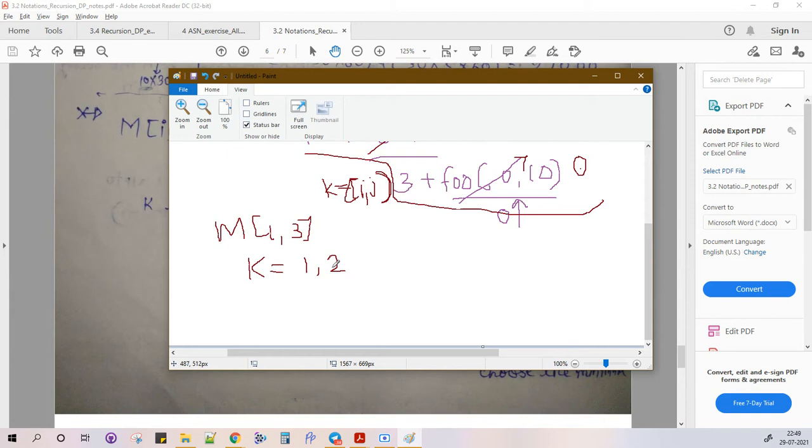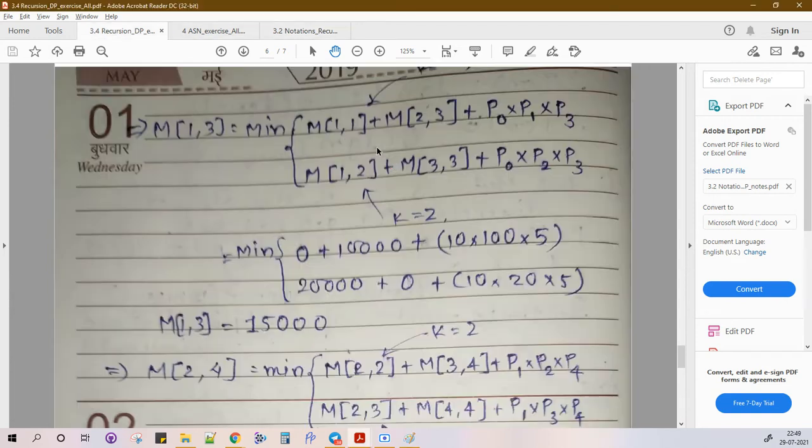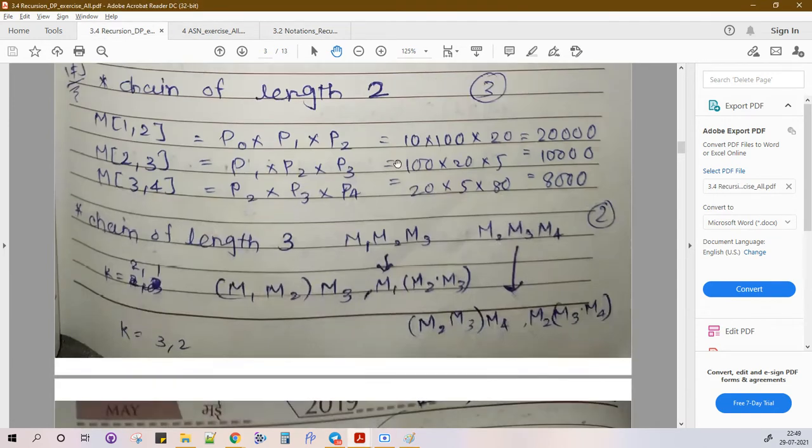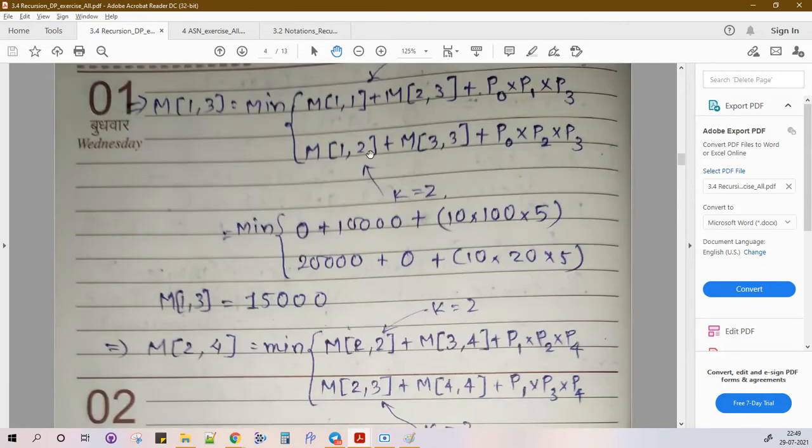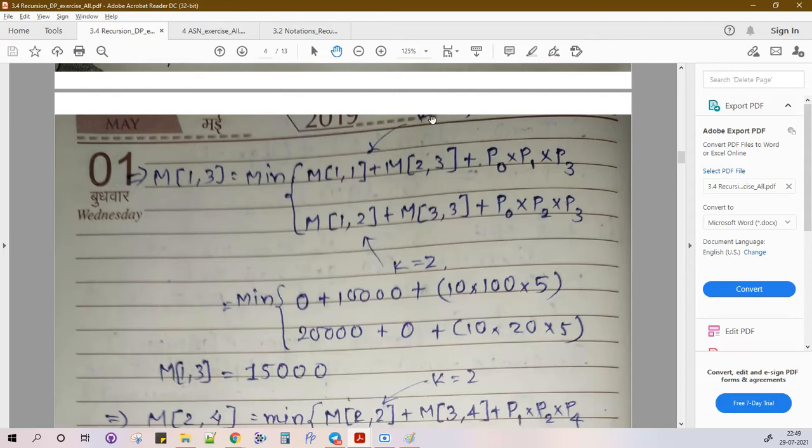So I need to solve two problems. I can break my chain M1M2M3 at 1 or 2: M1 and M2M3, or if I group M1 and M2, break at the second part. So for k equal to 1, and this is for k equal to 2.